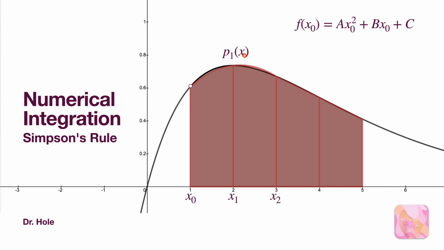P1 is a quadratic function, therefore it takes the form of ax squared plus bx plus c. This f at x naught is this height value, and this P1 that we've introduced, we want it to agree with f at x naught. So P1 at x naught is a x naught squared plus bx naught plus the constant c.